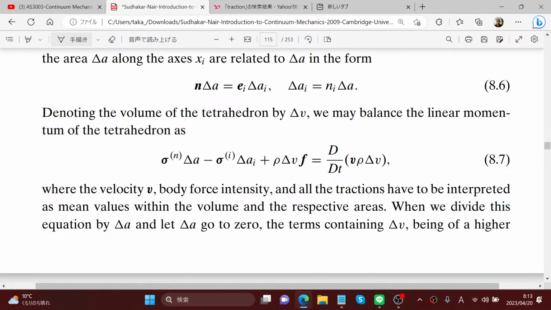It is a little bit complicated. What is F here? The velocity v, body force intensity, and the traction have to be interpreted as mean value.